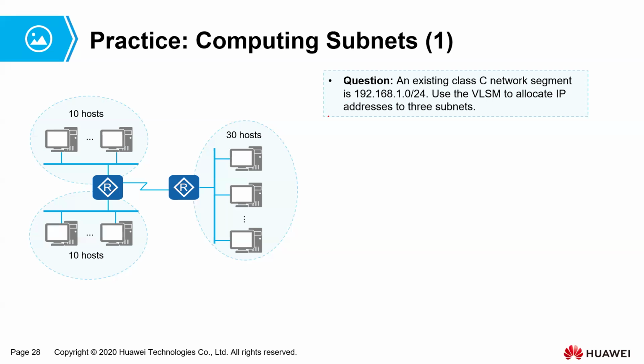So we want to subnet. What we basically have is a network, this one. So the network we are using is 192.168.10.0/24. This is what we call a network ID. In this example, we're going to be using it as a range of addresses that we get from our ISP.